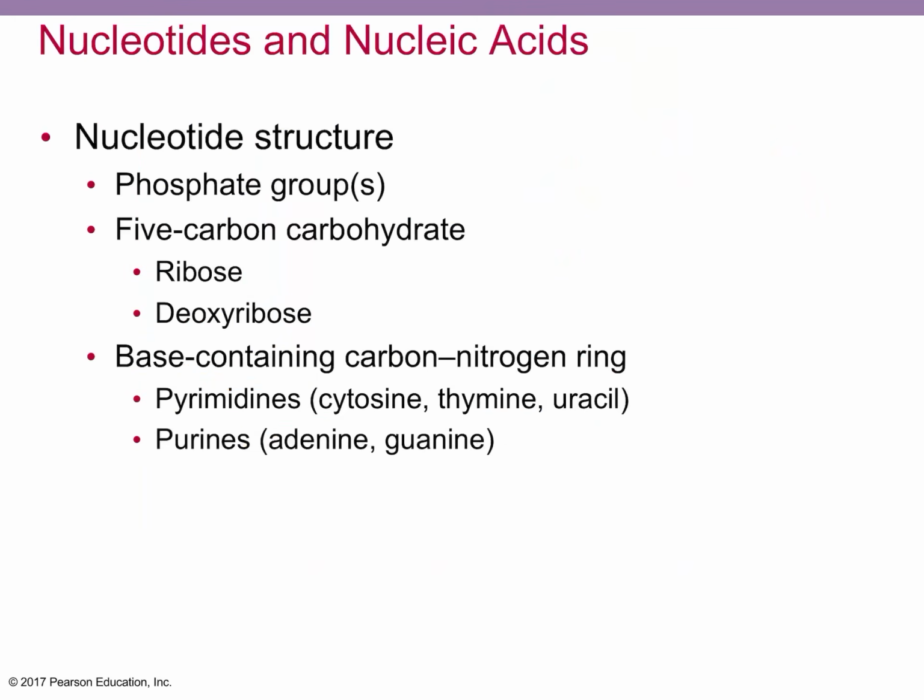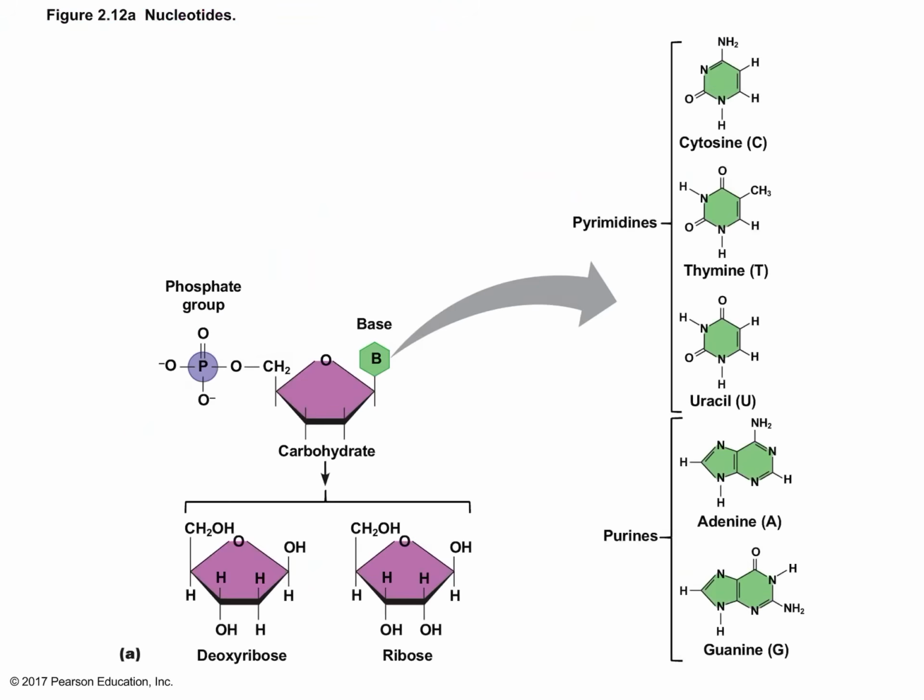Moving on to our nucleic acids, which is DNA and RNA. Our nucleotides are going to be our monomers. Our nucleotides will have 3 parts to them. We have a phosphate group here, we have our carbohydrate, and we have a base. The carbohydrate is going to be different whether you're talking about DNA or RNA. The carbohydrate in DNA is called deoxyribose.